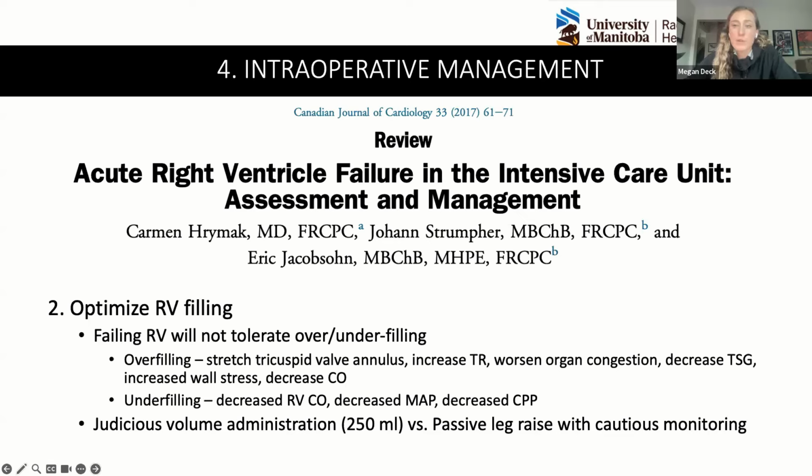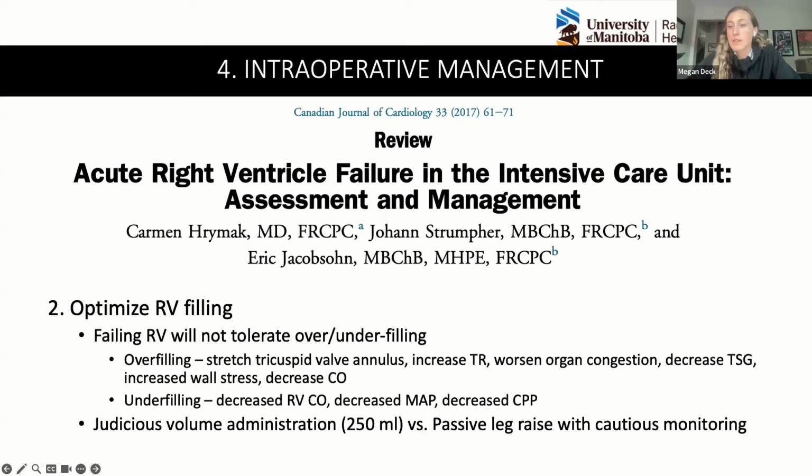Common determinants of volume responsiveness, such as CVP and PPV, cannot be relied upon due to the beat-to-beat variability in RV stroke volume, which will lead to variation that is not necessarily related to volume status. So we advocate for judicious volume administration with small aliquots of maybe 250 mLs, or even a passive leg raise to assess for fluid responsiveness.